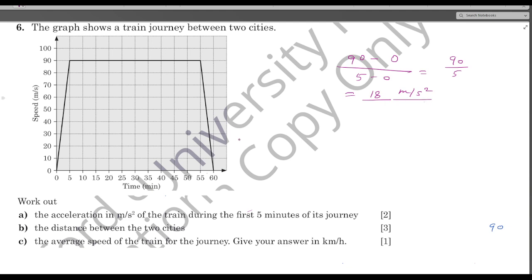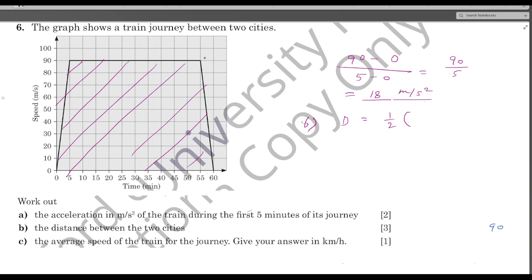Next, the distance between the two cities. For distance, we have to calculate this whole area between the speed-time graph. This is a trapezium shape. So for B, your distance D is equal to this whole area, which is 1 divided by 2 times the sum of the lengths of the parallel sides.